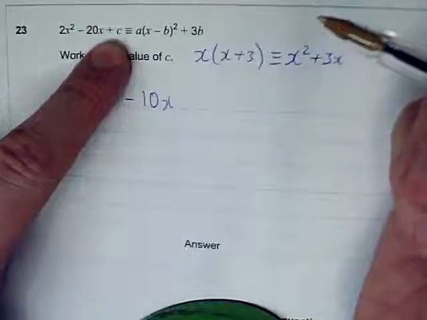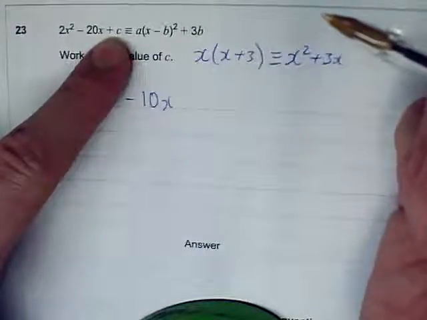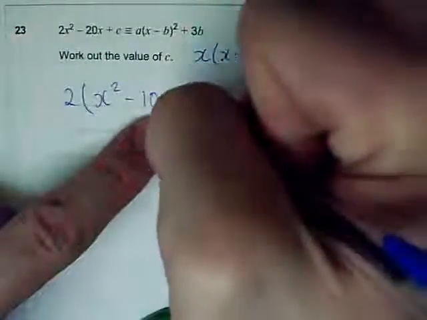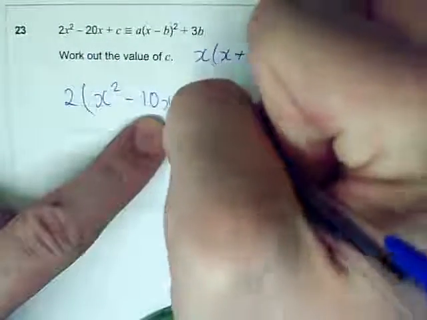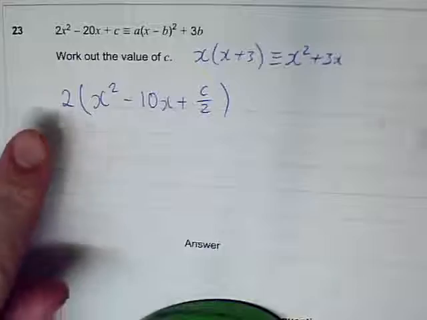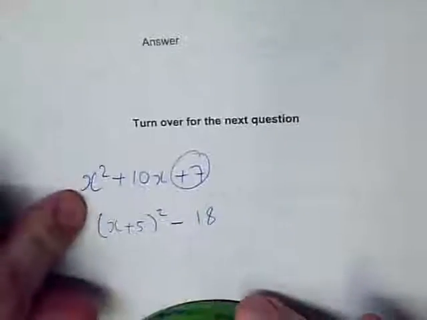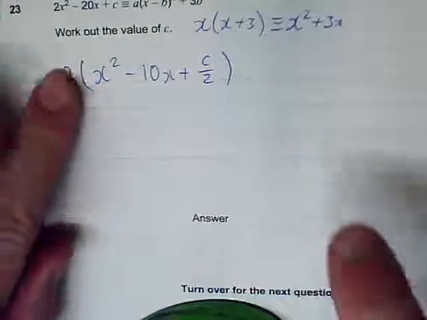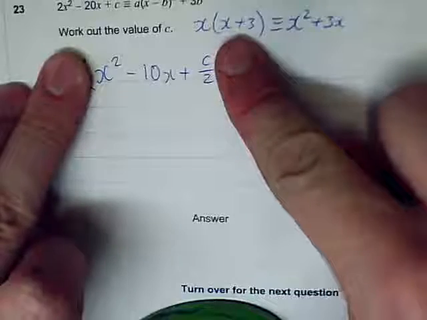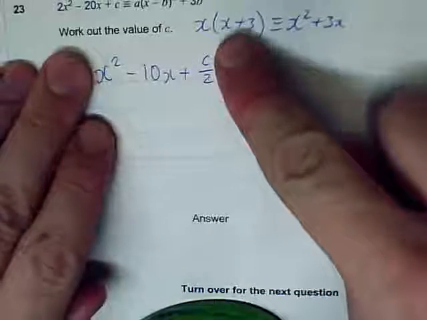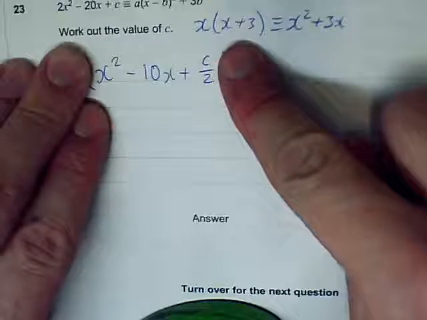Now I don't know what that value is, but whatever the value is, I need to divide it by 2. So I'm just going to write plus c over 2. So now, a bit like this, I'm going to essentially ignore all the bits that are around the bracket. So ignore all of that, and just focus on that middle bit and complete the square on that.